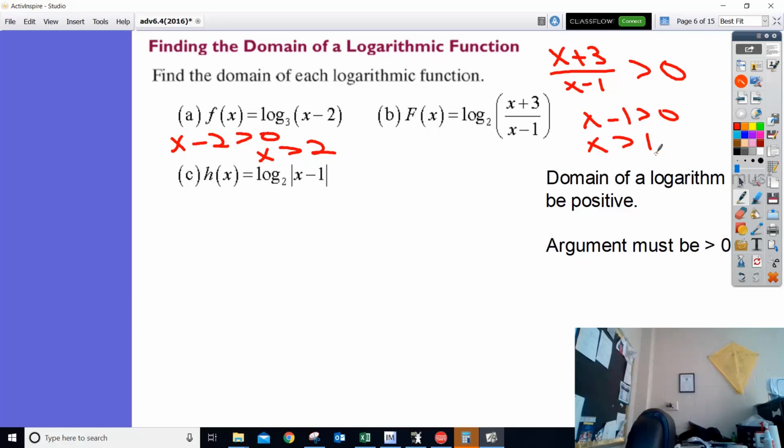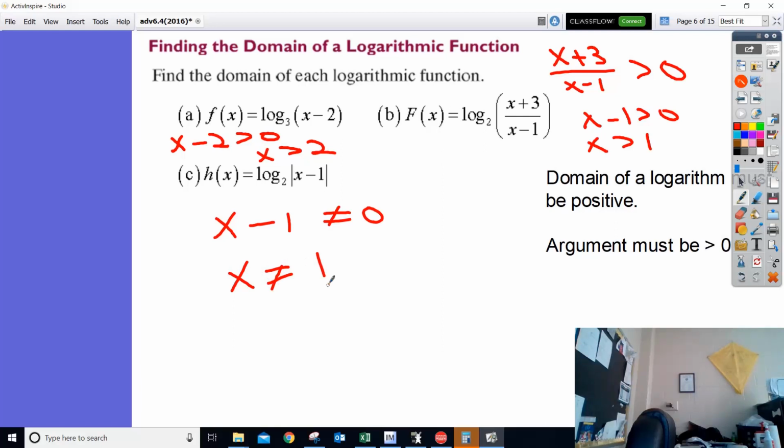So that x minus 1, there's only one thing it can't equal. What is it? That's the only thing about this thing we can't fix. That x minus 1 cannot be a 0. Because absolute value makes negatives positive. So I know that x can't be 1.